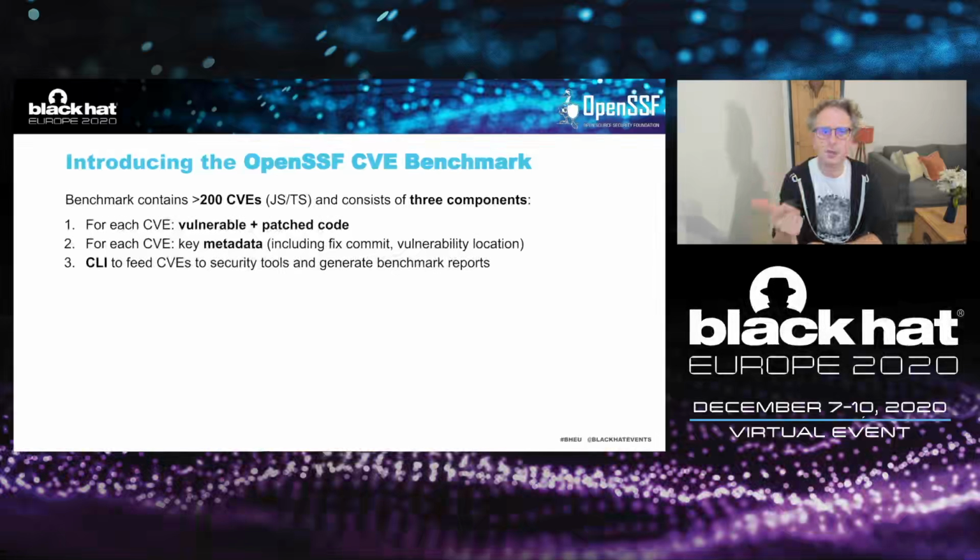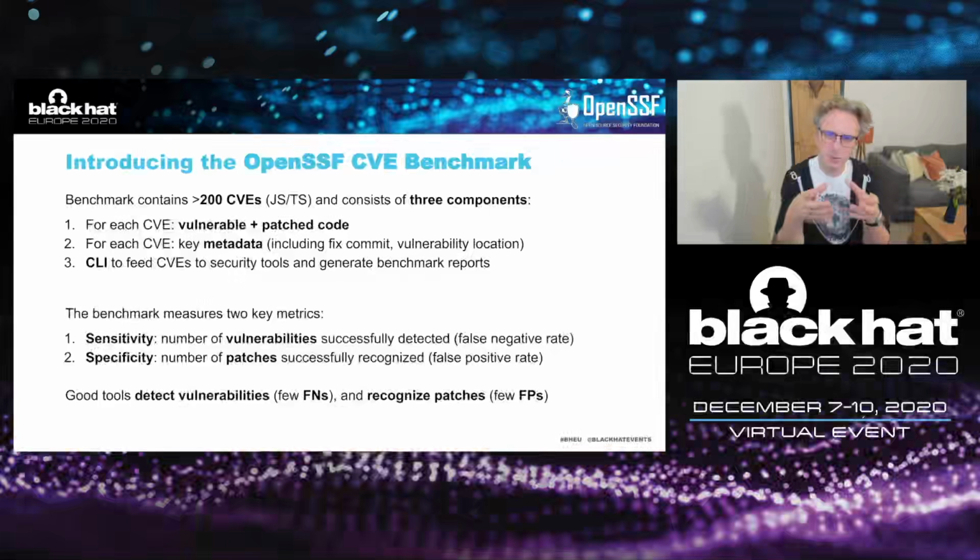For each of those CVEs, we have metadata, most importantly, the fix commit and the exact code locations where we would expect a tool to flag up an alert or a vulnerability. And 3, we have tooling or a CLI to feed those CVEs to the security tools and then generate a report on how well these tools did.